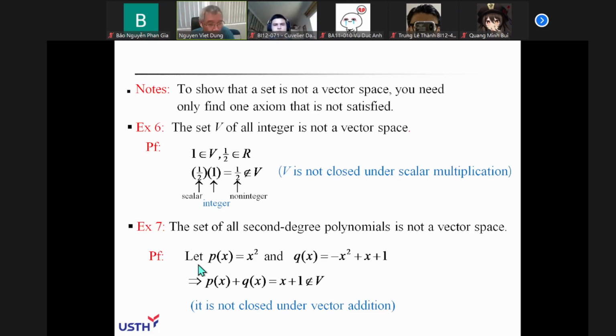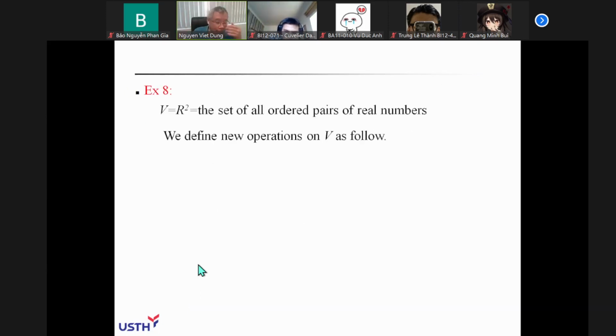So we have 2 examples. The first example shows property number 6 is broken. And the second example shows property number 1 is broken. Because of that, those examples show sets which are not vector spaces. Now I want to tell you some more things.